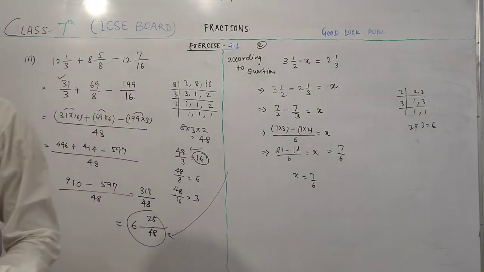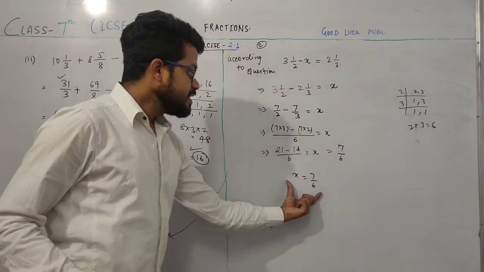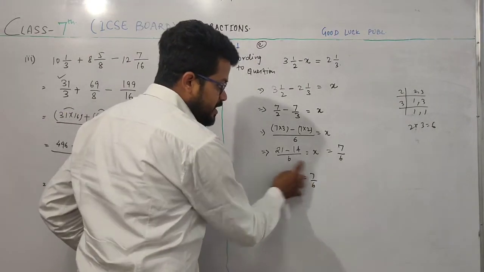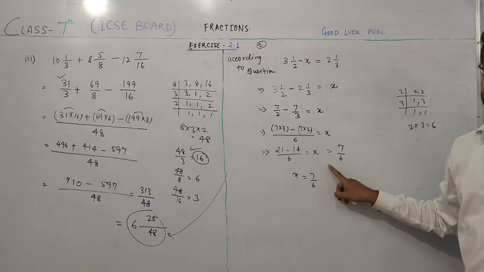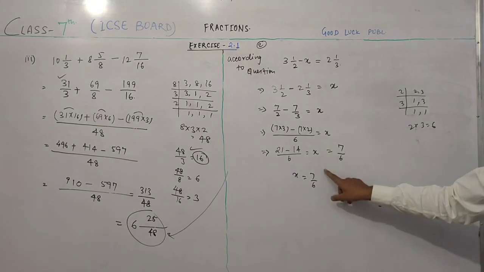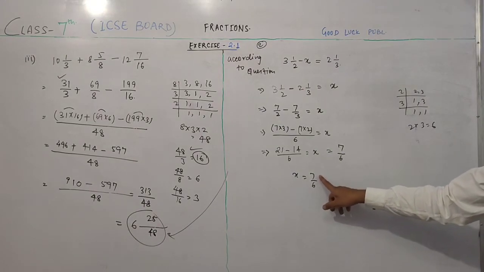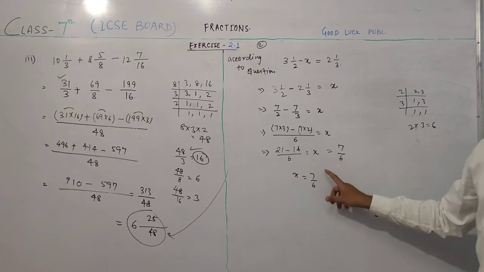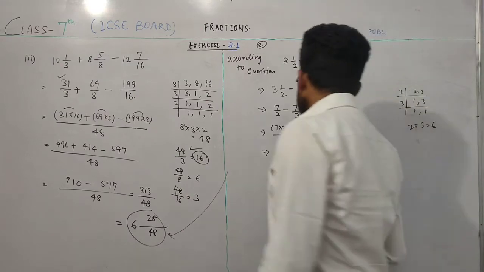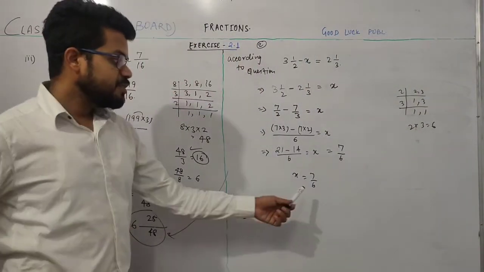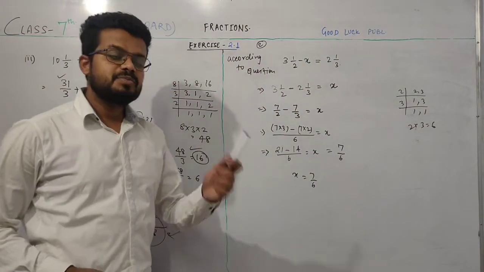After that, one thing to note: look, this 7/6 is a fraction. Which fraction, improper or proper? Here the numerator is greater than the denominator, so this is an improper fraction. Whenever we get an improper fraction, we have to convert it into a mixed fraction.